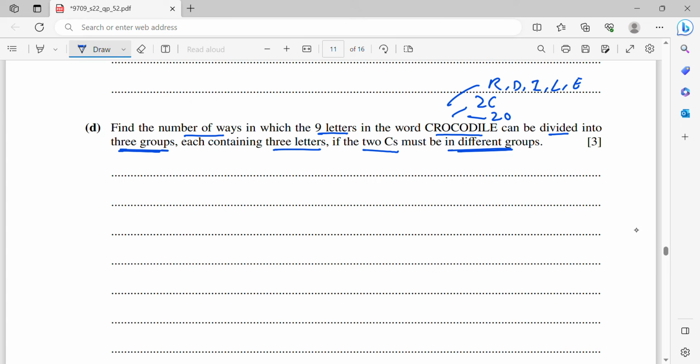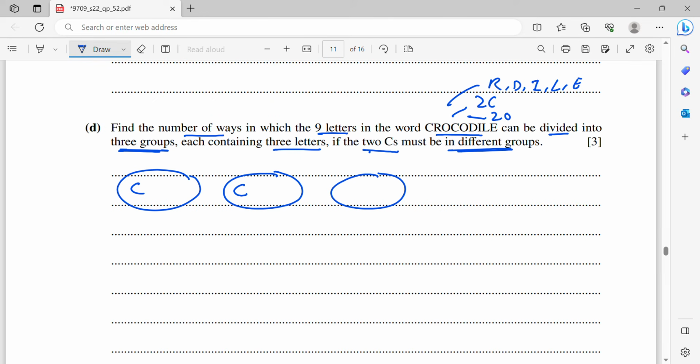Let's say for example, 2 C's must be in different groups. First, second, third, right? Or I will say that there are three groups, 1, 2, 3. So 2 C's are in different groups.